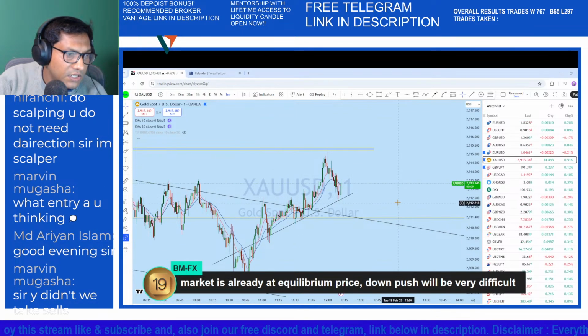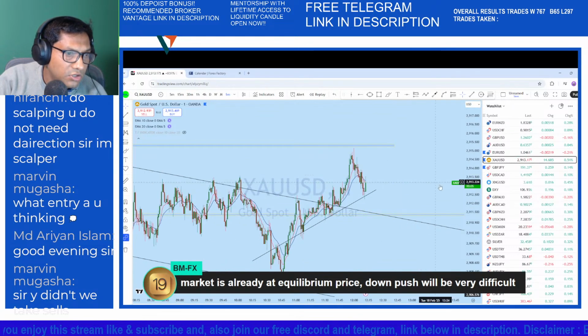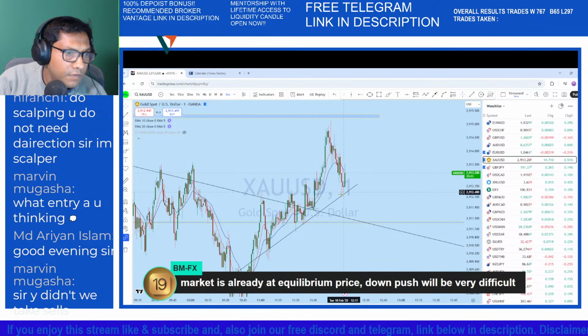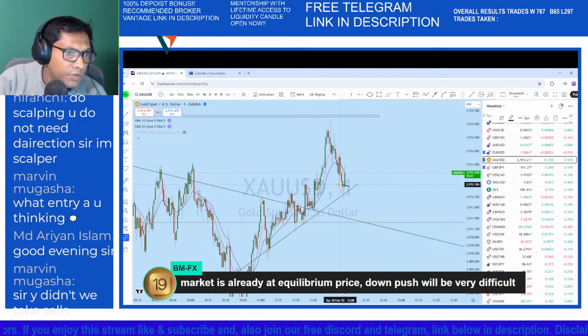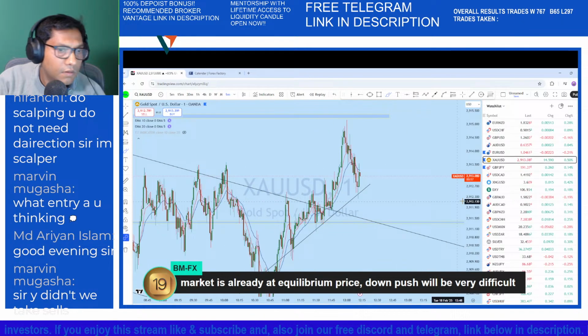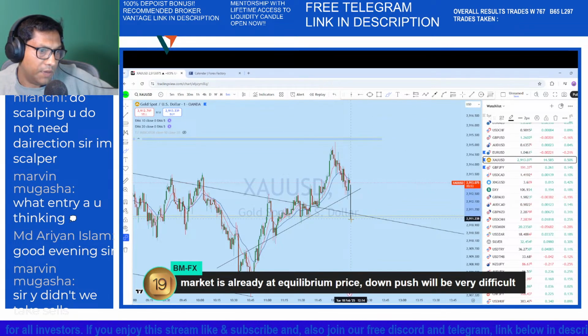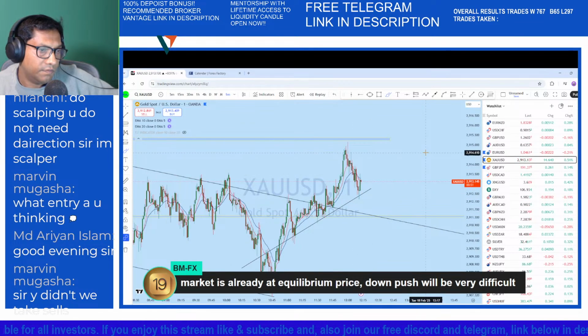So you can see there is a doji here, and with this doji formation, I would like to see the market break below that support level.